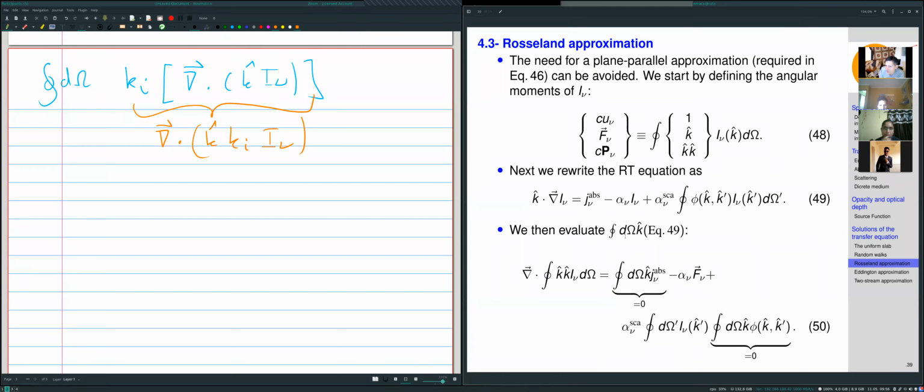Each of these is the integral over solid angle times ki. Another one is the integral over solid angle times kj and kk, and so on.